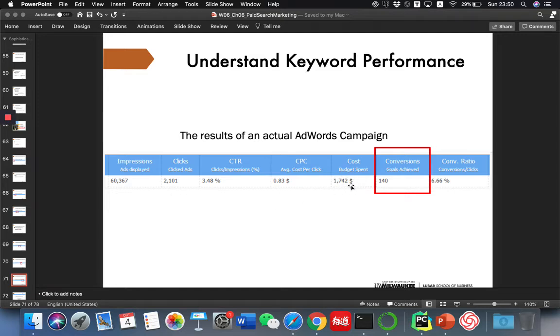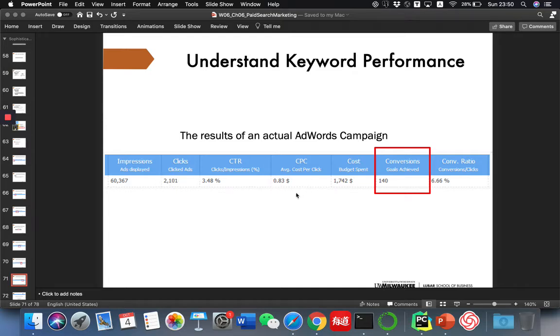So we use the fifth column, cost, as the numerator, divided by the number of clicks as the denominator.